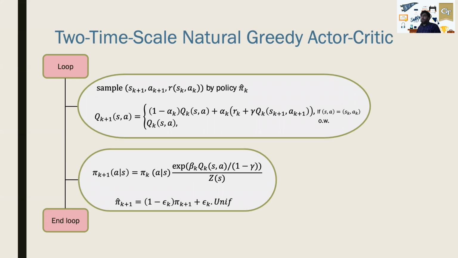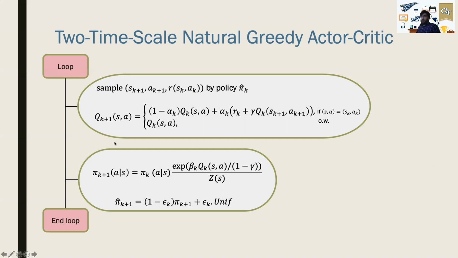And this estimation should be in a way that I can actually implement in the real world. So this algorithm, which I denote by two-time-scale natural greedy actor-critic, is a practical algorithm for implementation in the real world. At each time step, I take one sample of state, action, and reward by following policy pi hat k, which I'm going to update later. And using this single sample, I update my Q table, which I'm keeping track of throughout the whole algorithm.